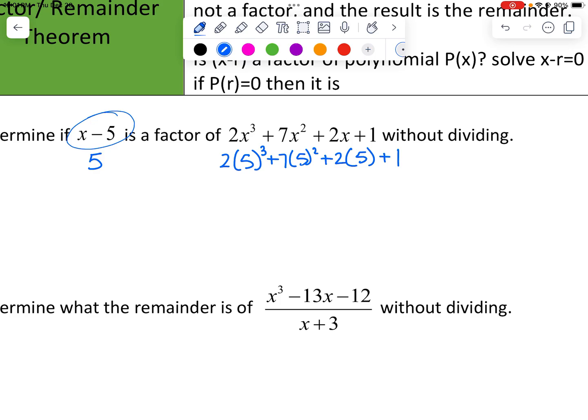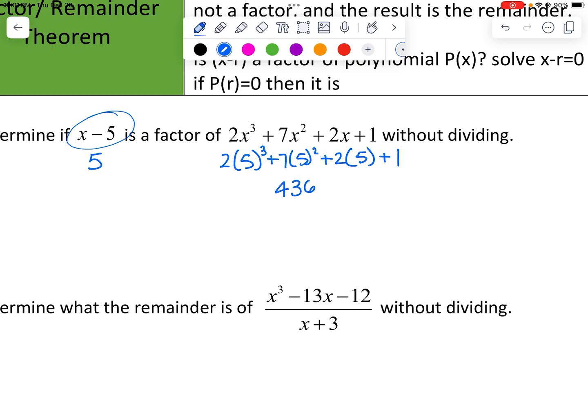So you go 2 parenthesis 5, close it, raise it to the third power, plus 7 parenthesis 5, close it, square it, plus 2 times 5, plus 1. I did not type that in correctly. We'll try one more time. And then plus 7. And when we do that, we get 436.